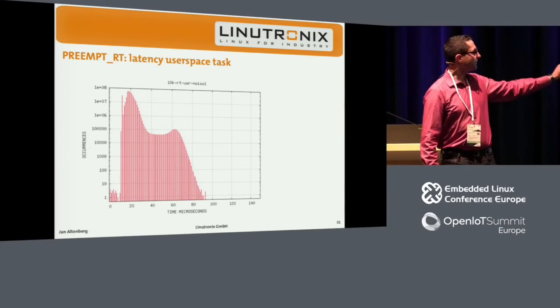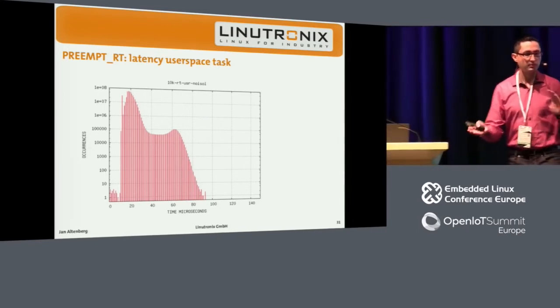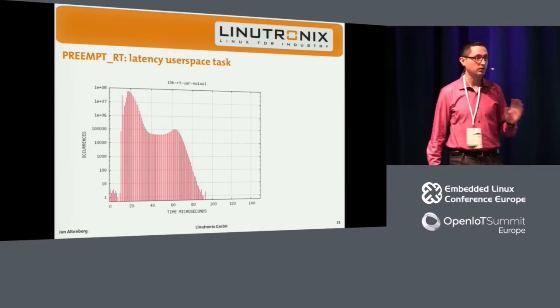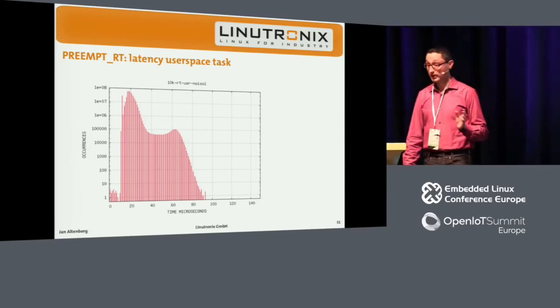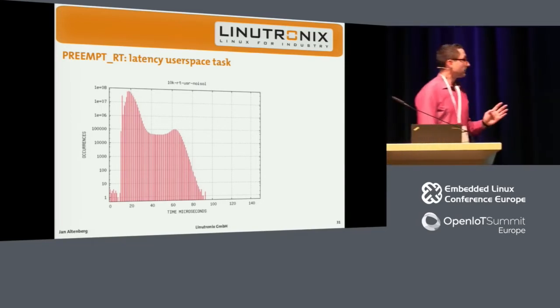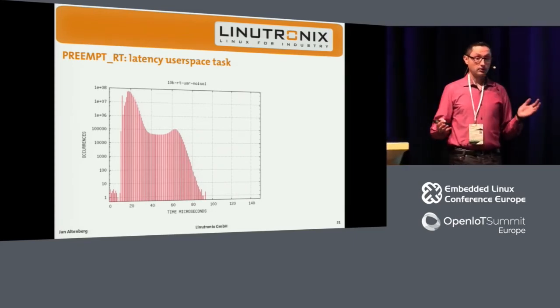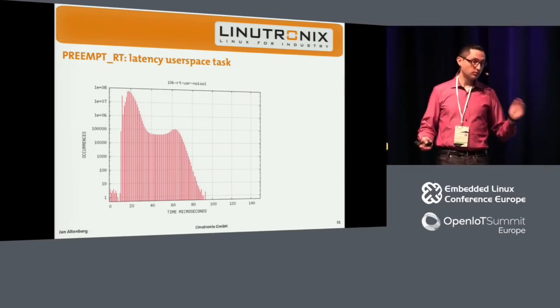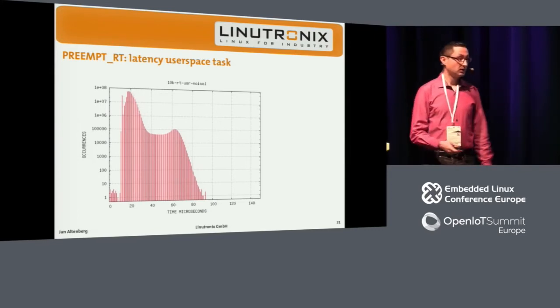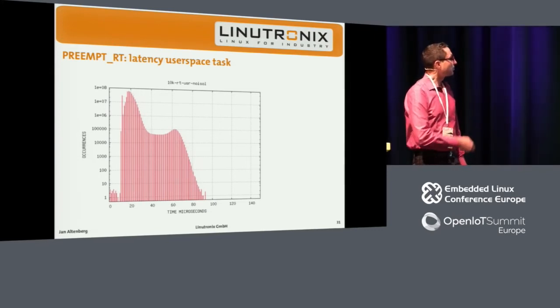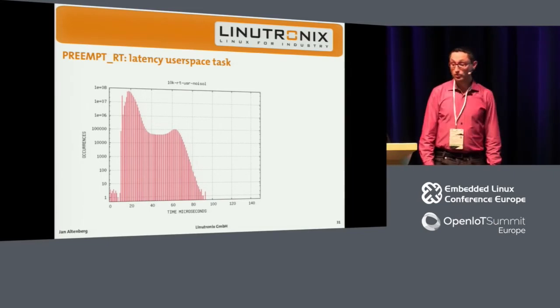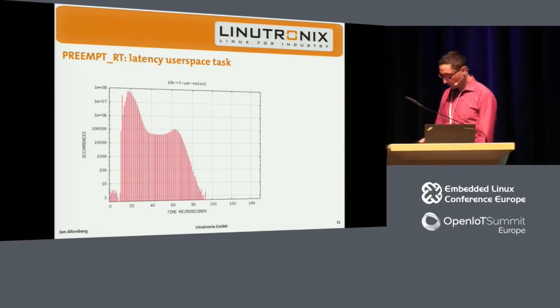It's even slightly better, but I would say it's pretty much the same. A bit less than 100 microseconds is what we could achieve. So this can prove that we don't have that big difference you can find in a lot of measurements around on the internet between dual kernel and single kernel approaches. In this test case, we had pretty much the same latencies on the dual kernel and single kernel approach.